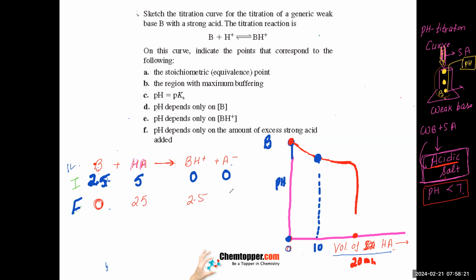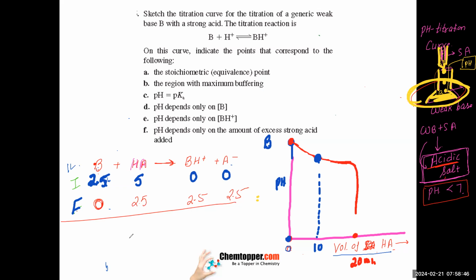How much A minus is formed? 2.5. That's the final situation in the conical flask. Everything is happening here. The reaction is taking place over here, children, in the conical flask after adding solution from the burette. Reaction is happening here. And this is the final situation.